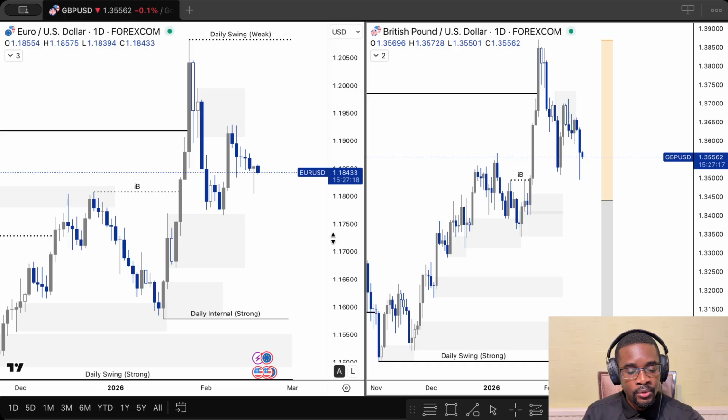But we have to be able to react once the market gives us a signal, relative to what we want to see. At times it doesn't give us that signal, and we may have to wait out, just sit on the sidelines and watch everything play out. Or if you are reactive enough, then you might jump in and catch something from there. So I just had to point that out.